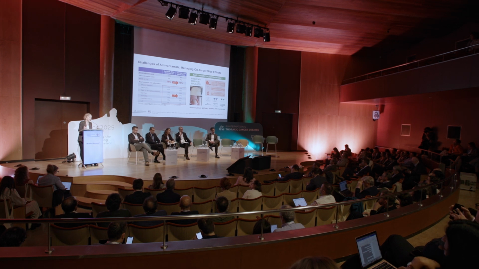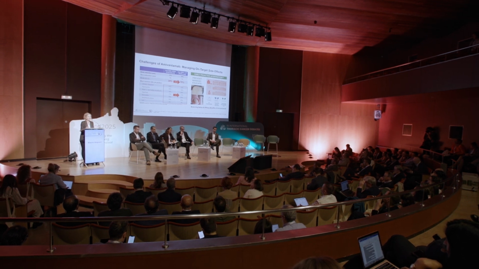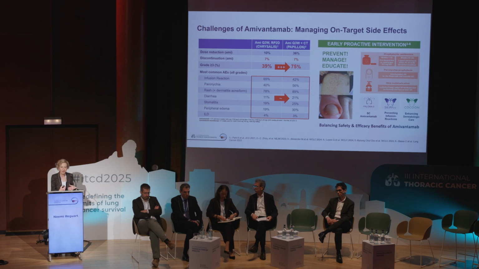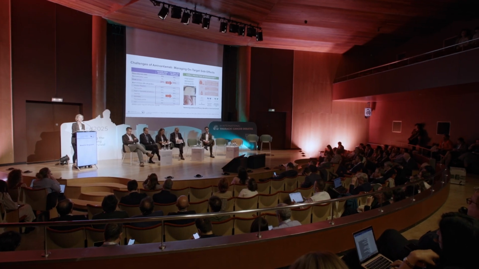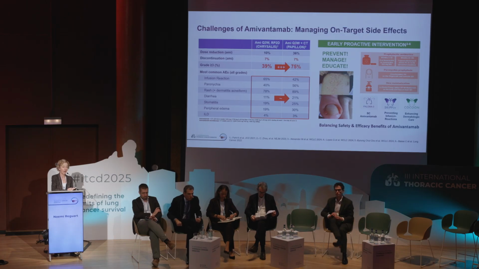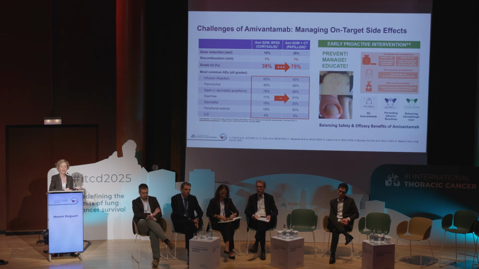But there is, I could say not the dark side, but the side we don't like that much from amivantamab, but it is there, which is the safety profile. And we are getting more used to this because we are using more and more amivantamab, so we are more comfortable with this type of toxicity. And this toxicity is mostly related to the EGFR and MET inhibition.